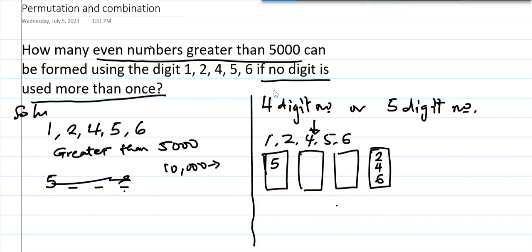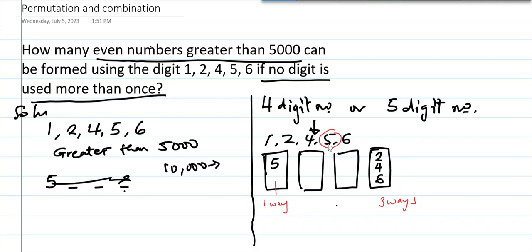For example, if I'm starting with 5, it means 5 is gone. Now, over here, I have 3 ways of creating an even number, because I have 3 digits, so I have 3 ways. And over here, I have 1 way.